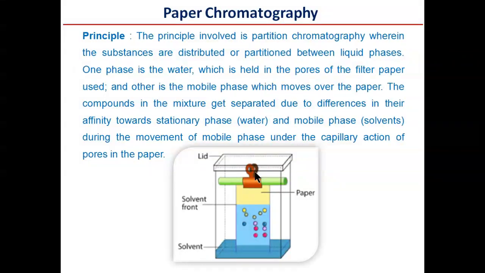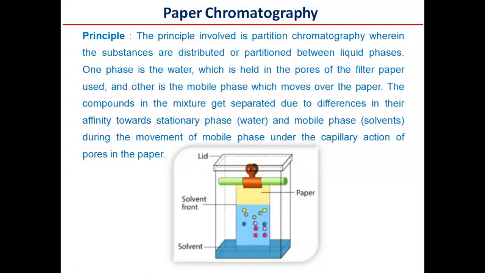In this principle, the separation of the component mixture takes place through the distribution or partition between two liquid phases, meaning the stationary phase is also liquid and the mobile phase is also liquid. Here we select the paper as a supporting material on which first water molecules get absorbed, and that water acts as the stationary phase on the surface of the paper.